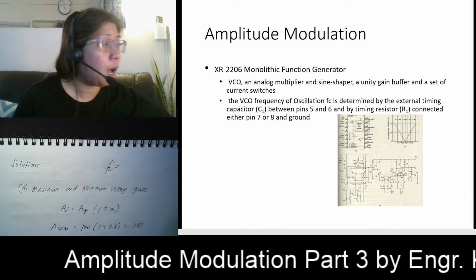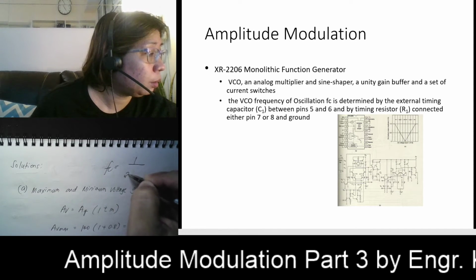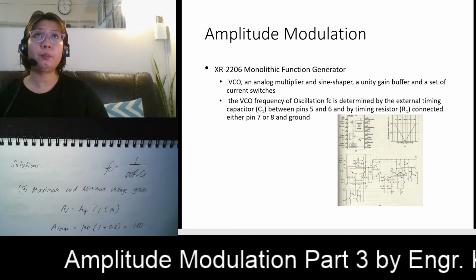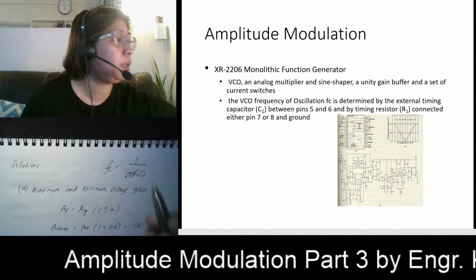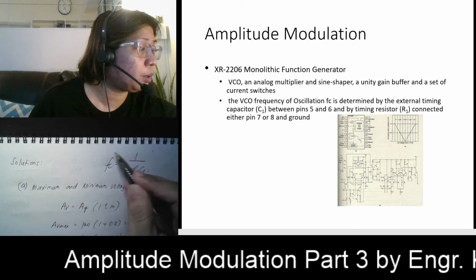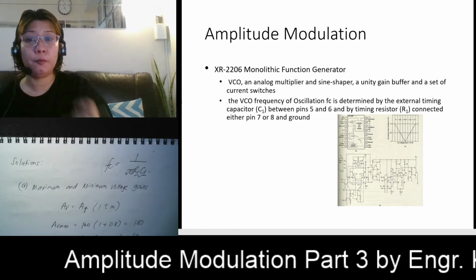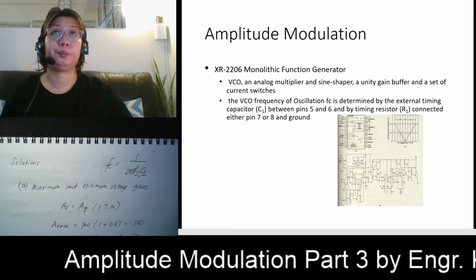And of course, the frequency is equivalent to 1 over 2 pi R1 multiplied by C1. That is because R1 and C1 is a time constant, so 1 over the time constant will give you your carrier frequency.